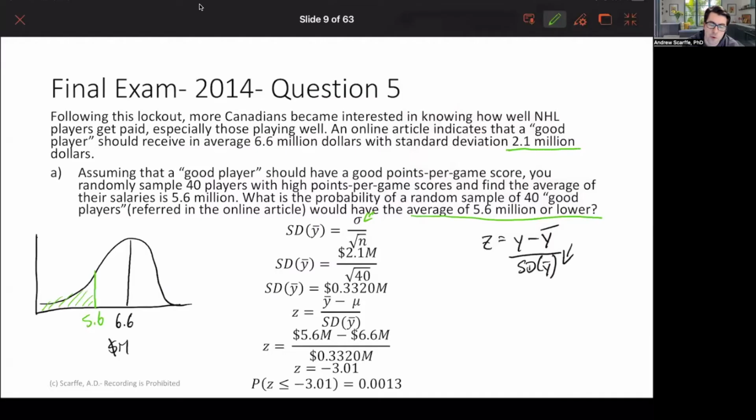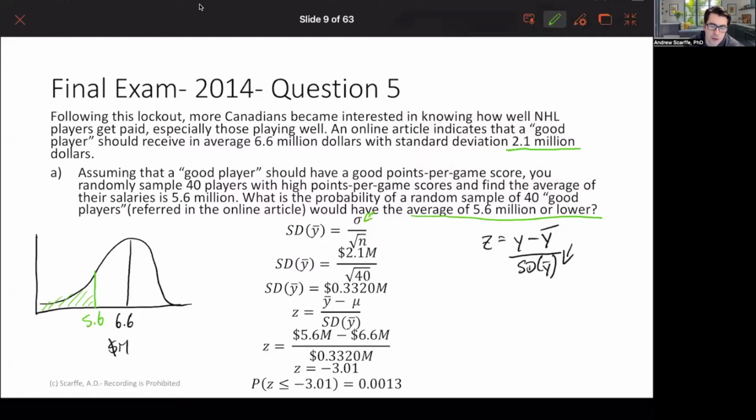When we do 2.1 million divided by the square root of 40, we get $0.3320 million. Now, if it were me, I would just leave these units the way they are. You can make sense of it later, but I wouldn't put a bunch of zeros, but you can if you want.